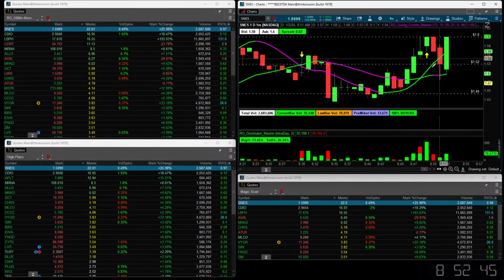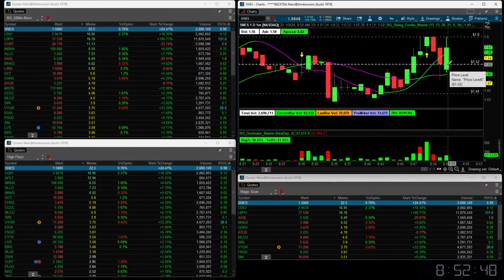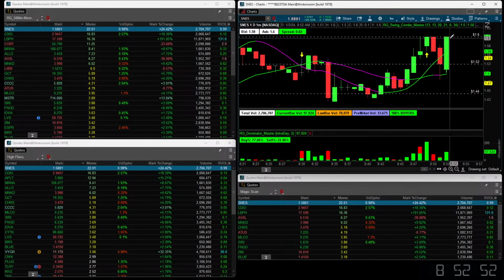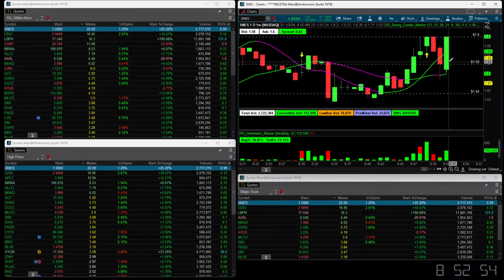You can see how safe playing these pullbacks is. There was no fear here. It did give you the 6 or 7 cents. Not a whole lot of money, but a pretty good play.